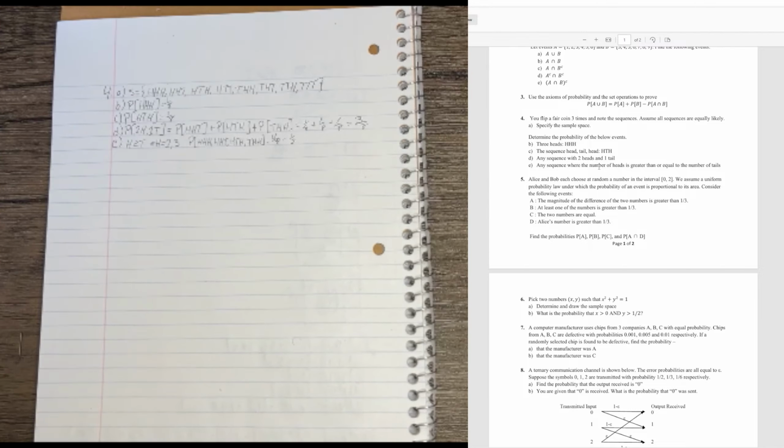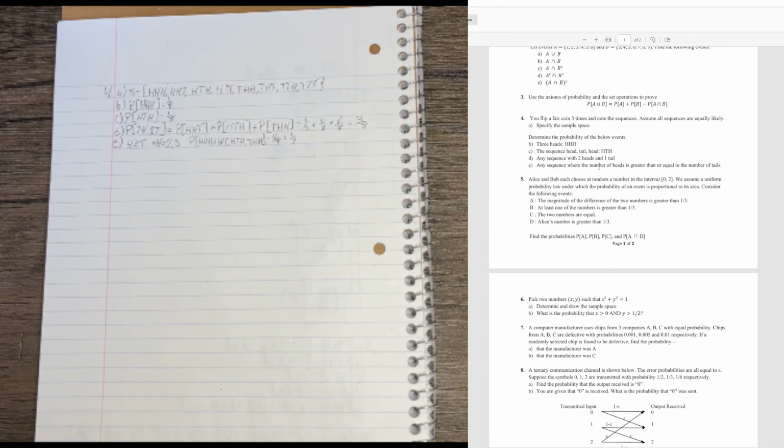Because really, when you're flipping it 3 times, you're basically just asking, what are the chances you get more heads than tails? 50-50. Which makes sense, logically.